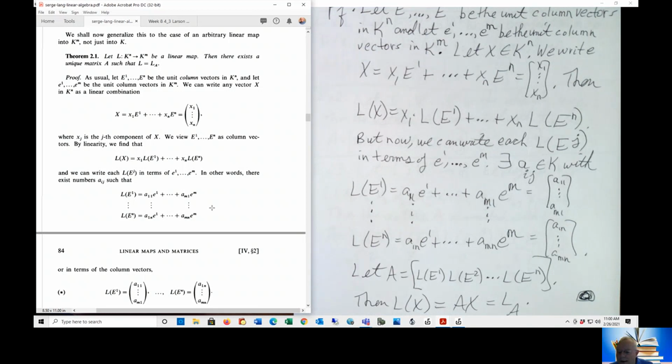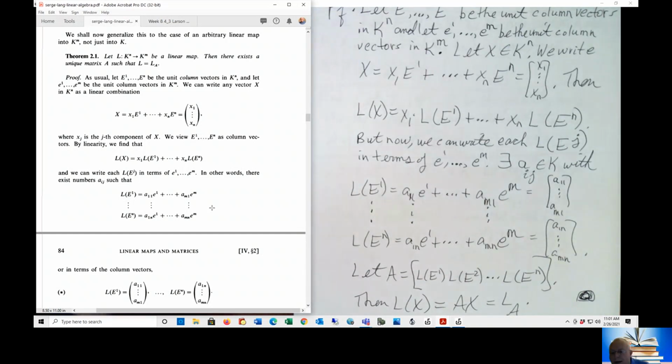So you see now we have found actually an M by N matrix A. So here's the matrix A. The matrix A we're needing is the matrix whose columns can be found by taking the first column as L of capital E1, the second column L of capital E2, dot dot dot through L of En.